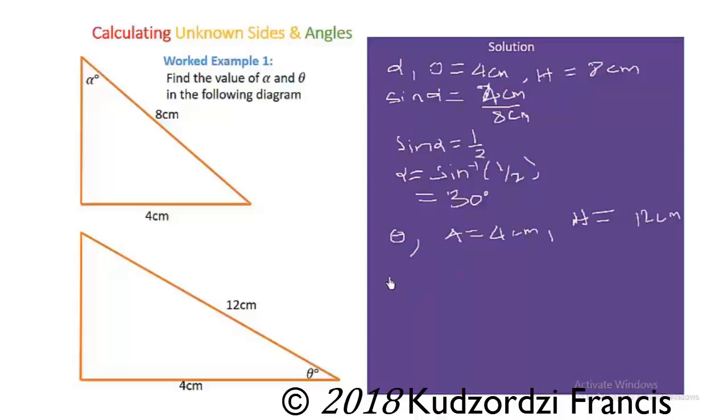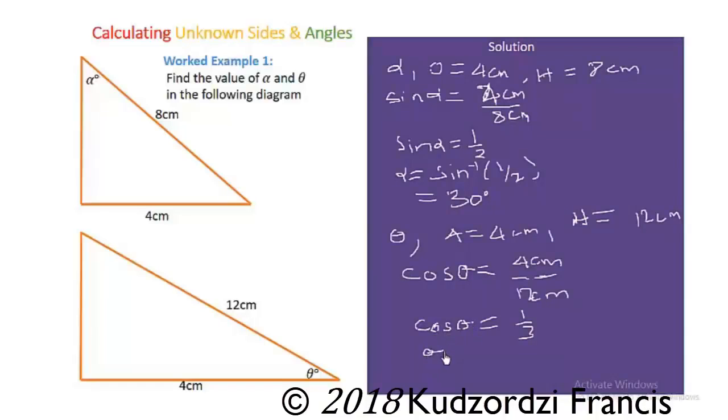Therefore, we choose the trig ratio cos, that is cos theta will be equal to adjacent, which is 4 centimeters, over hypotenuse, which is 12 centimeters. So this will give us 1 over 3. So we have cos theta is equal to 1 over 3.